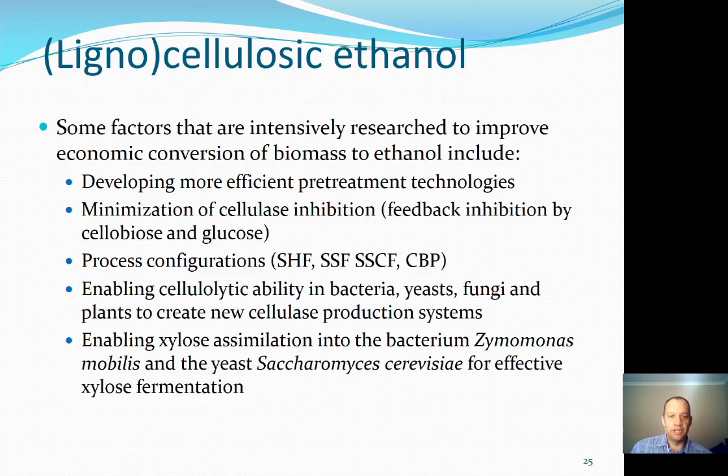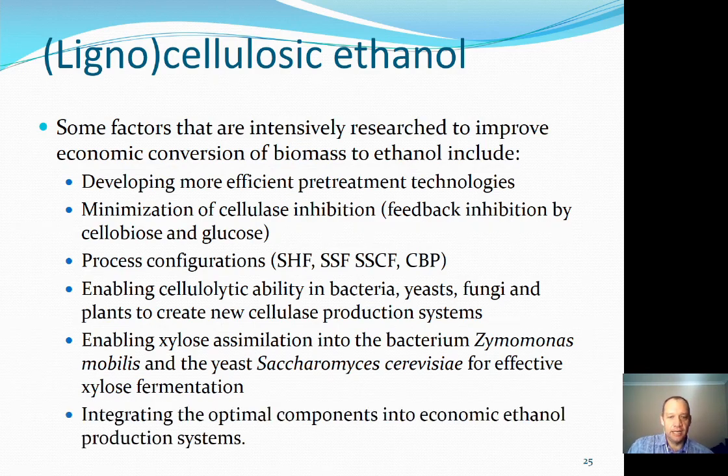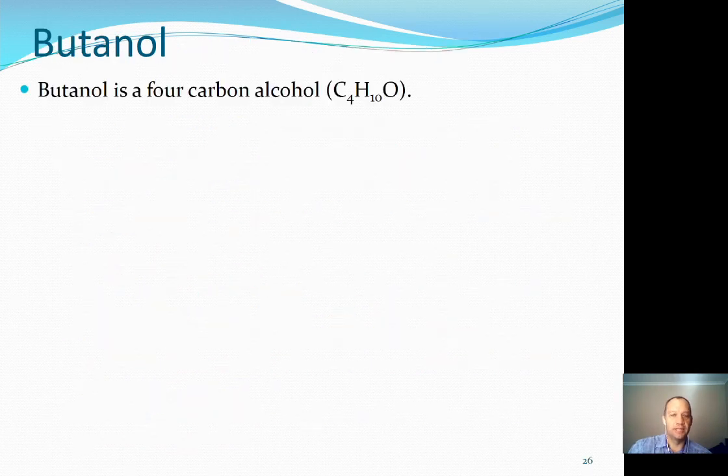So through genetic engineering, people have enabled them both to use xylose at relatively good rates. And then finally, how to integrate all of the different components into an economic overall process, into an economic production system of ethanol. So still a lot of research work that's being done.